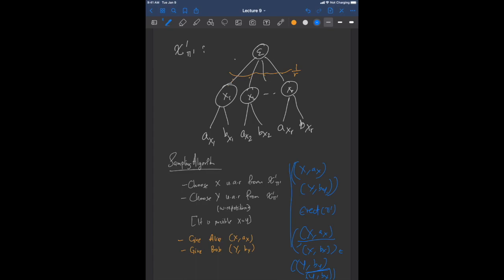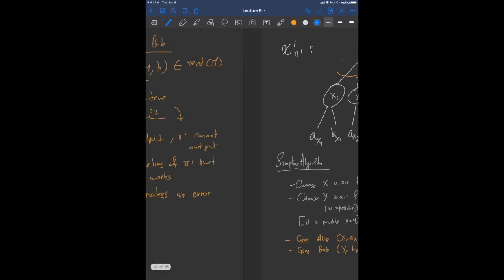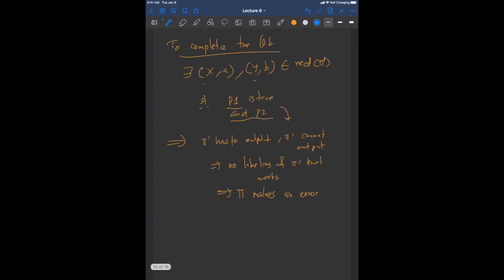So you take xax from here and yby from Bob's side, you get an input which is also in the rectangle. So this sampling procedure always satisfies this property, with probability 1. This is just basic use of the rectangle property.